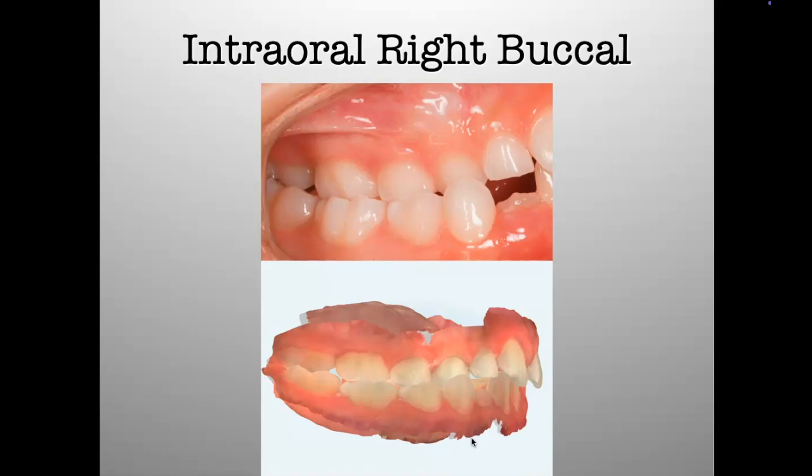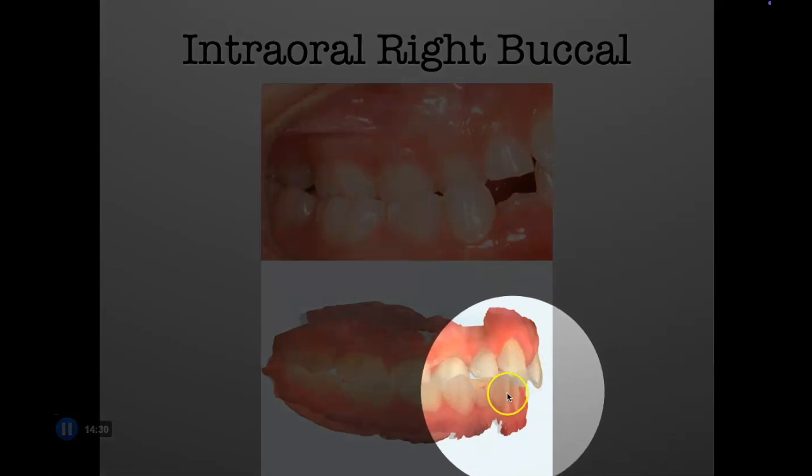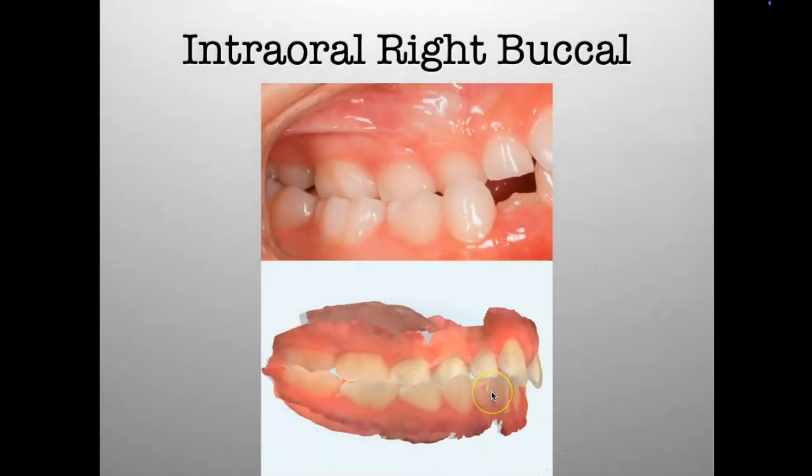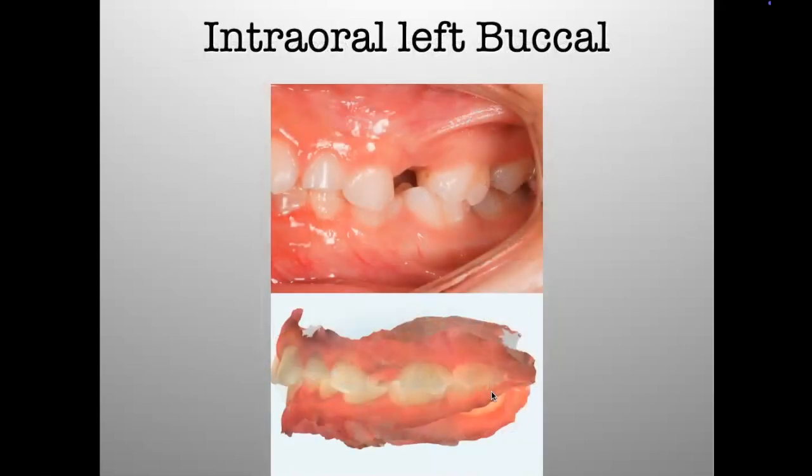So uppers look a little bit more proclined here. You can see them kind of tipping forward. Lowers look a little bit more retroclined. And, typically if the bite is deepening, then the lowers are going to retrocline, especially if there's room for them to do so with the loss of any of those baby teeth prematurely, and or if the lower incisors can tip backward before the other lateral lower incisors can come in.